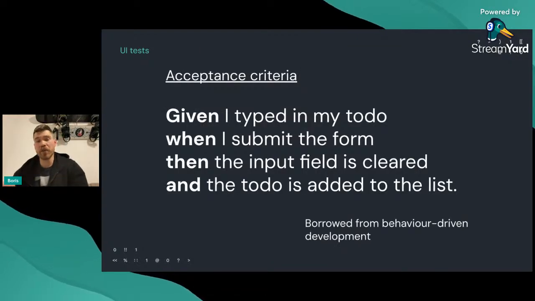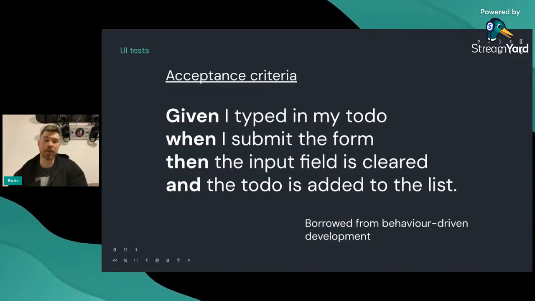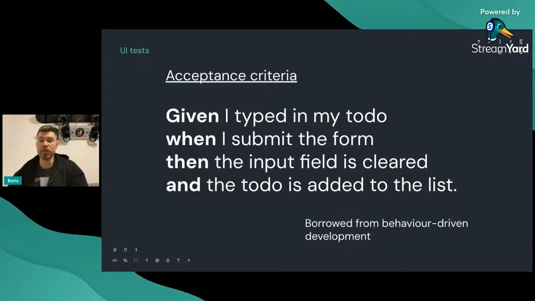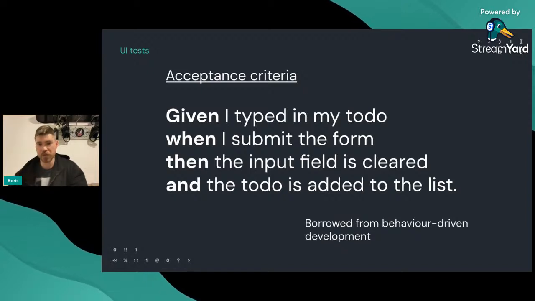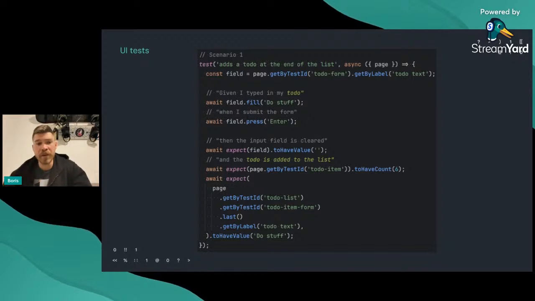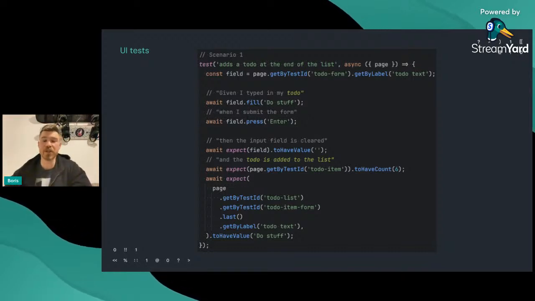For each scenario, we then define acceptance criteria. For example, illustrating the happy path: given I typed in my to-do, when I submit the form, then the input field is cleared and the to-do is added to the list of to-dos. And the test is very much similar structurally to this human description of the scenario.